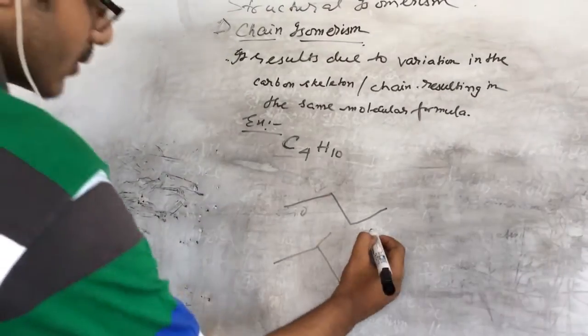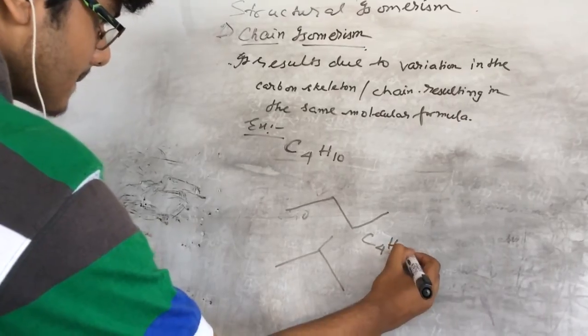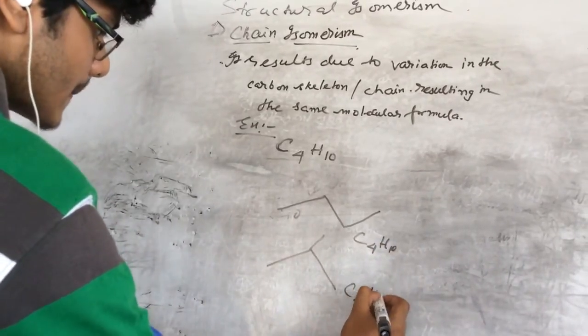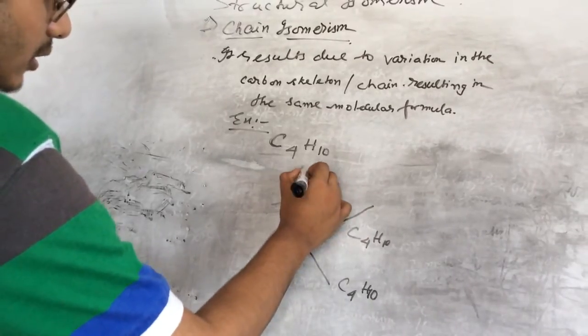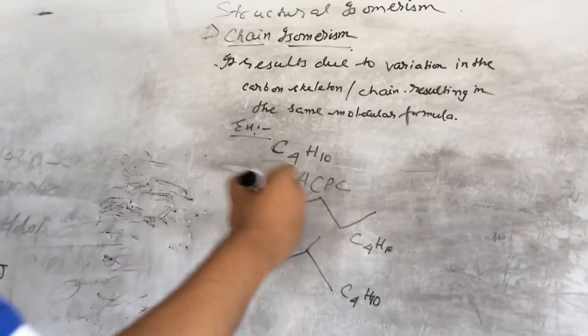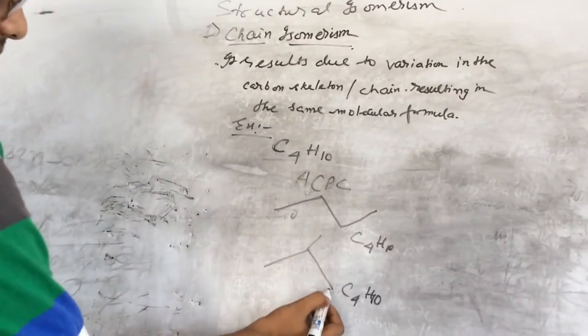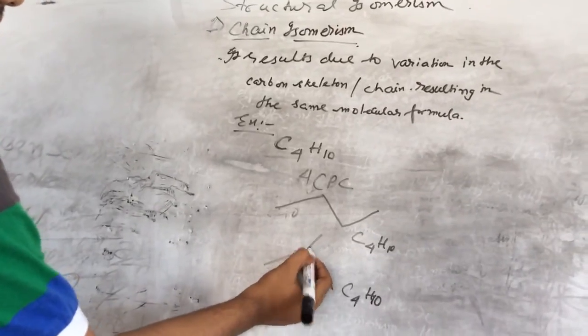So the formula for both are C4H10, but see here the principal chain contains 4 carbon, 4 CPC, that is 4 carbon principal chain, and here the principal chain contains 3 carbon. You can take this or this, both are equivalent.